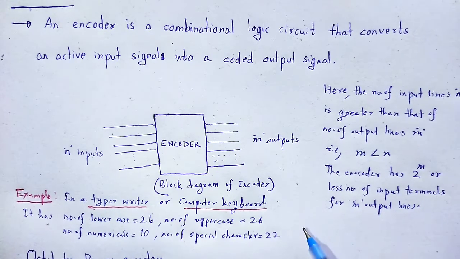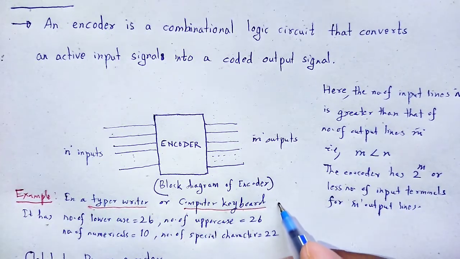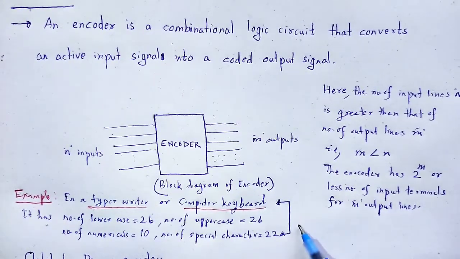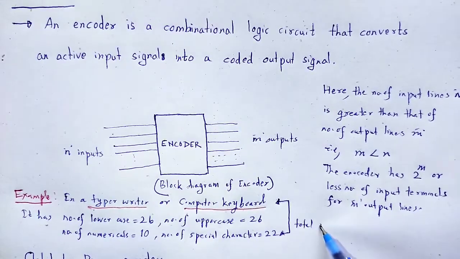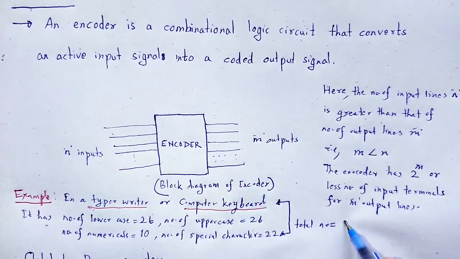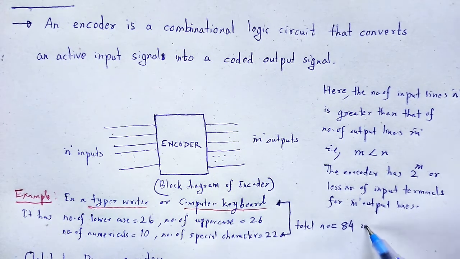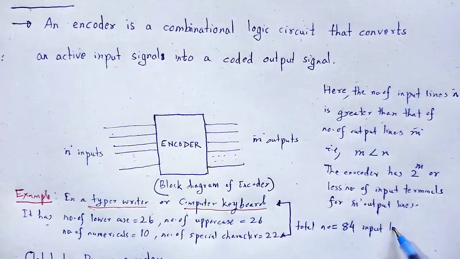So the total number is equal to 84 input lines.